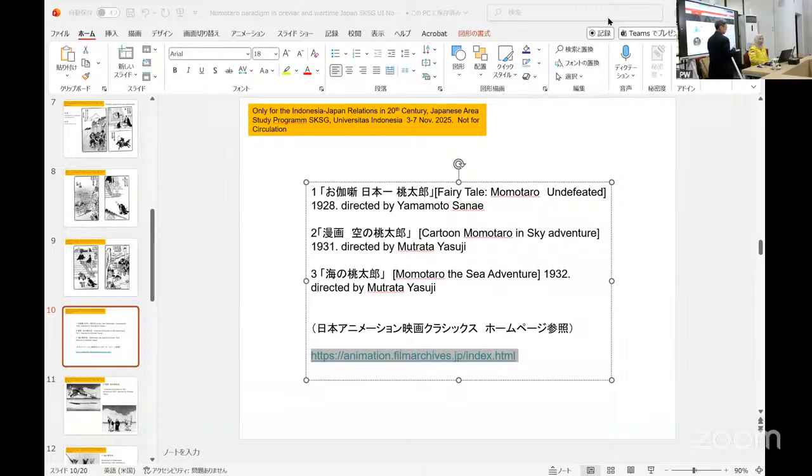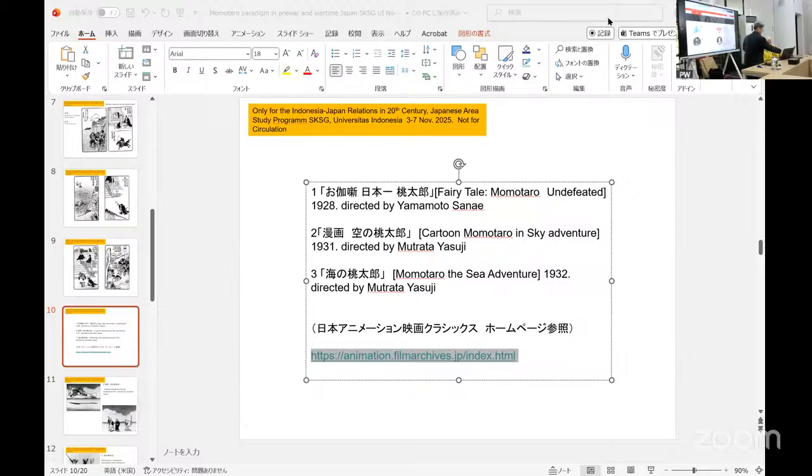Momotaro is a final edition, final version of Momotaro. Would be the Momotaro Umi no Shinpei. Saya mau mengintroduksikan film animation, 25 April. Dan hari ini saya mau membicara tentang Momotaro. Momotaro juga bisa menonton dalam homepage ini.